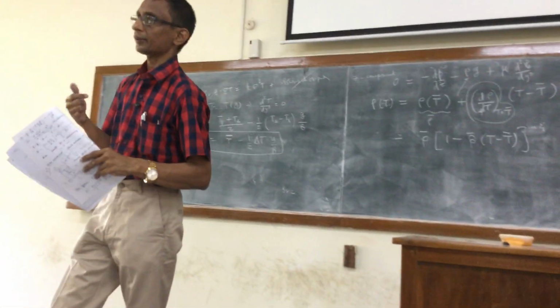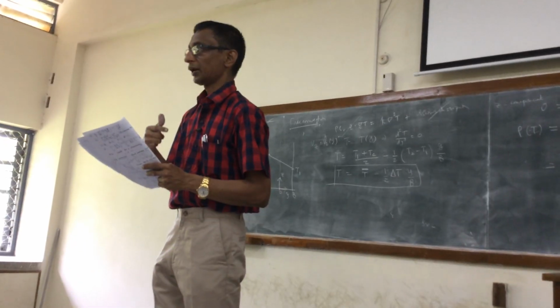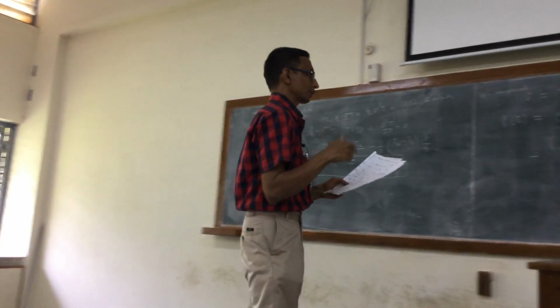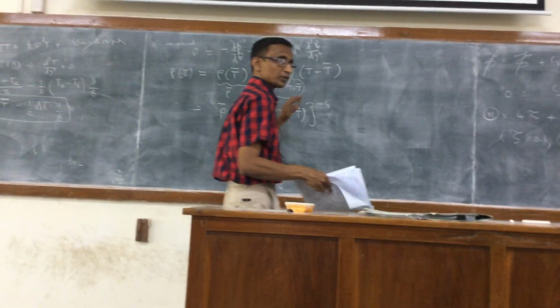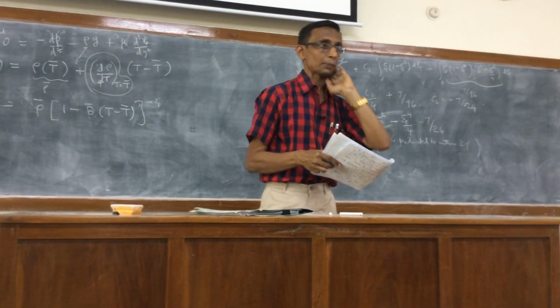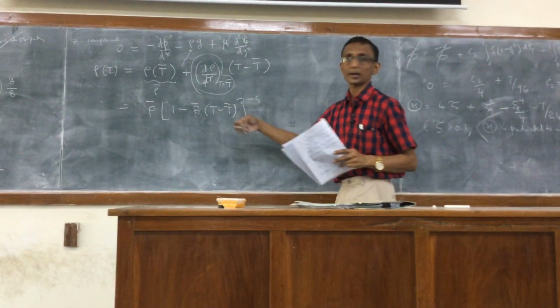Beta bar is the coefficient of thermal expansion, which anyone who has taken a course in thermodynamics would know. Coefficient of thermal expansion evaluated at the mean temperature. That is what beta bar is.